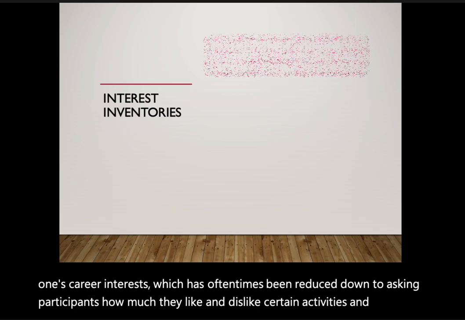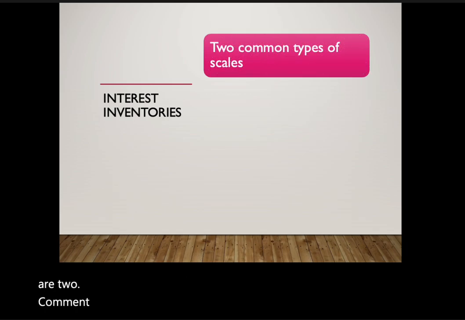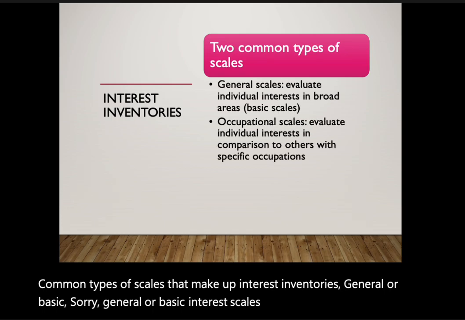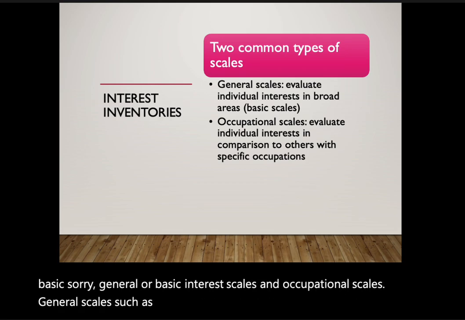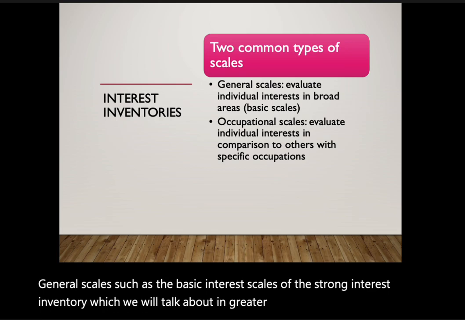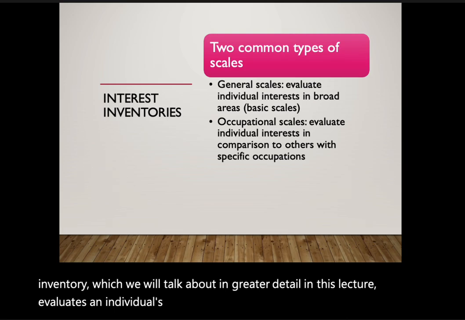There are two common types of scales that make up interest inventories: general or basic interest scales and occupational scales. General scales, such as the basic interest scales of the Strong Interest Inventory, which we will talk about in greater detail in this lecture, evaluate an individual's interest in broad areas.